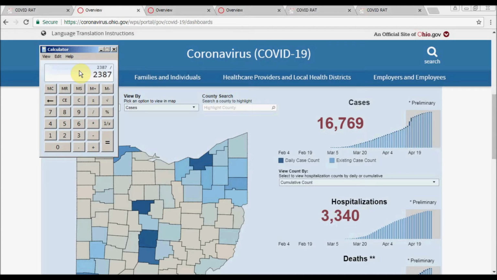Take that over the 14,382. And since it's a 10-day period we're looking at, we divide that by the 10 days. And that's your average growth rate there, 1.65%.